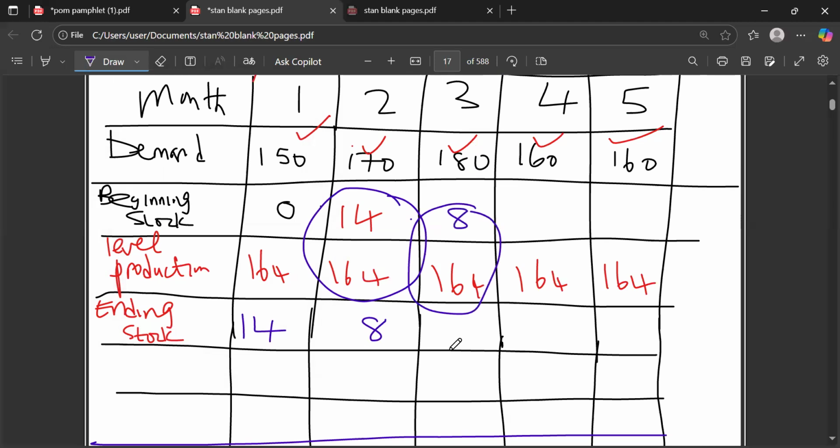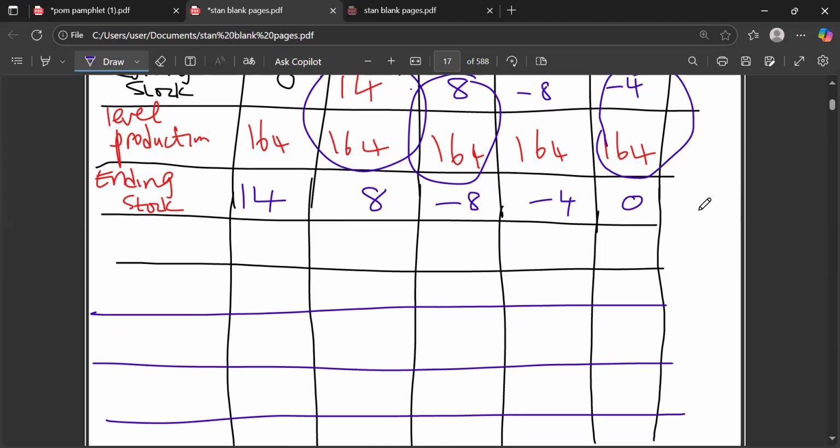Then minus that one is negative 8. Negative 8 plus 164 minus 160. The answer is negative 4. Negative 4 plus 164. The answer is 0 here.